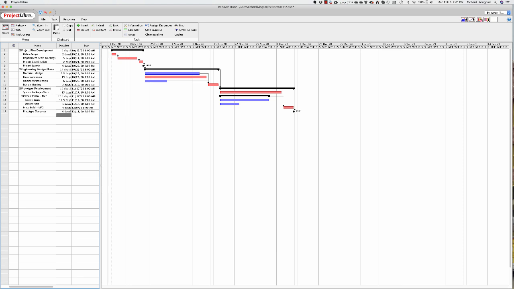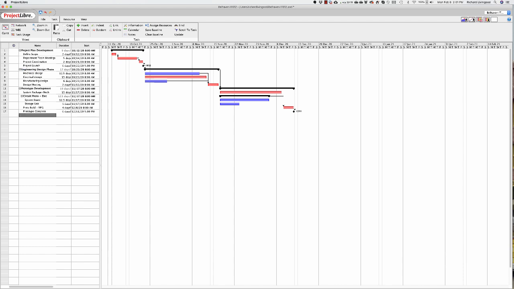The best example of that is the engineering design phase. You can see that under engineering design, both the mechanical design and the manufacturing design do not drive the design meeting that needs to take place after the complete engineering design is over.